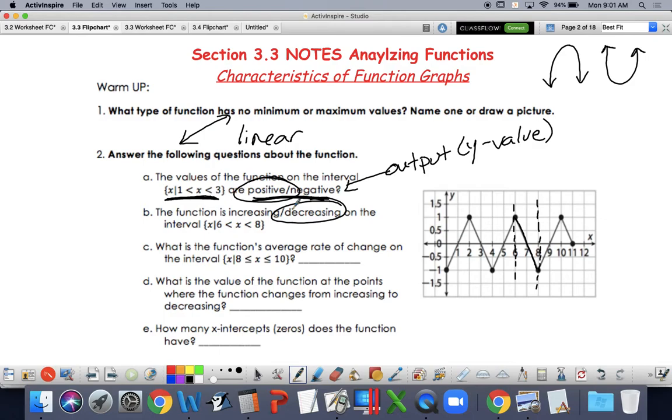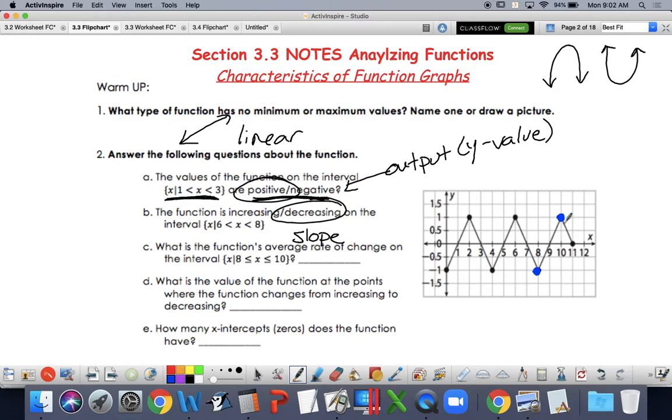All right, now rate of change. That's a fancy word for slope. So we're just going to count our rise over our run between 8 and 10. So what I do is I say, okay, down here at 8, here to here, I need to count my rise over my run. Now the problem is, look at the scale on the x-axis.